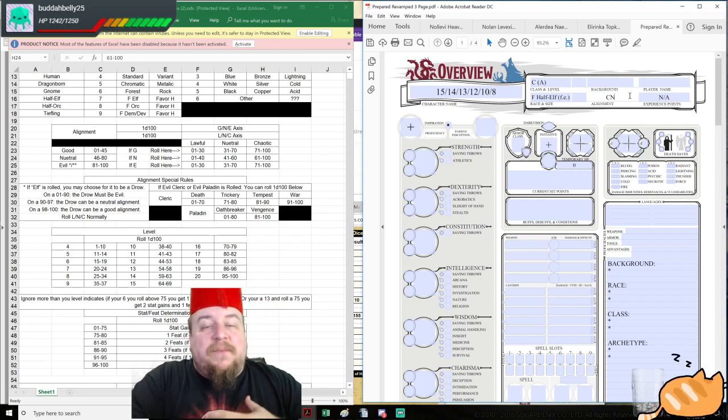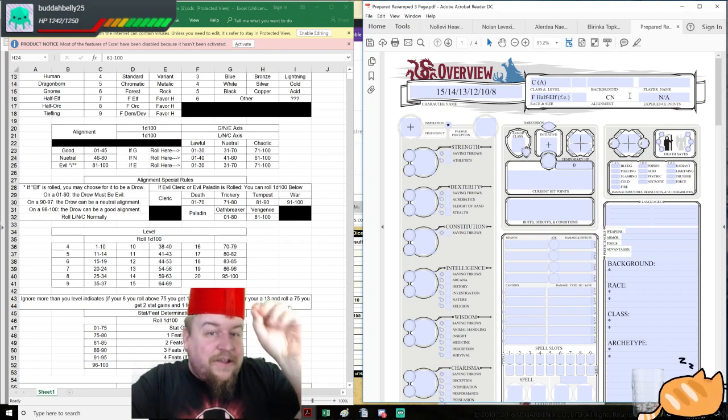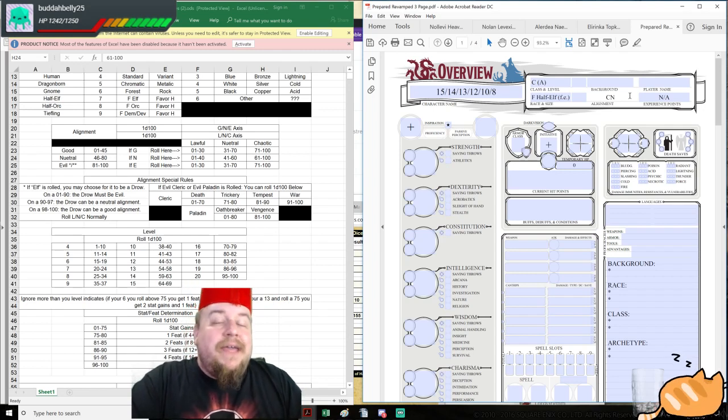I would like to point out that as opposed to previous eras of D&D, or perhaps even other types of role-playing games, in my opinion, there's my caveat, there's my asterisk, and then you're going to see a footnote down at the bottom. In my opinion, alignment isn't a guiding star for your character.